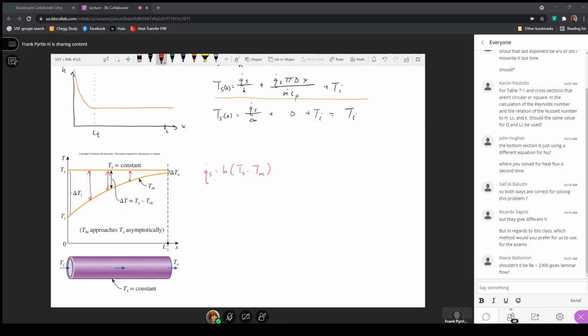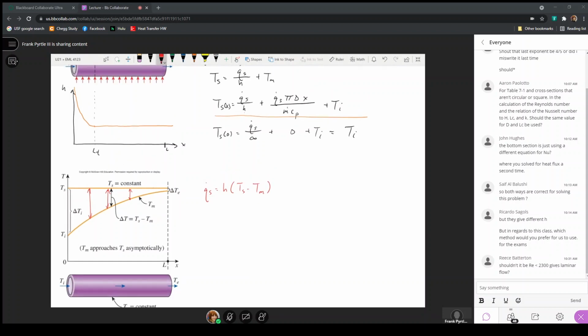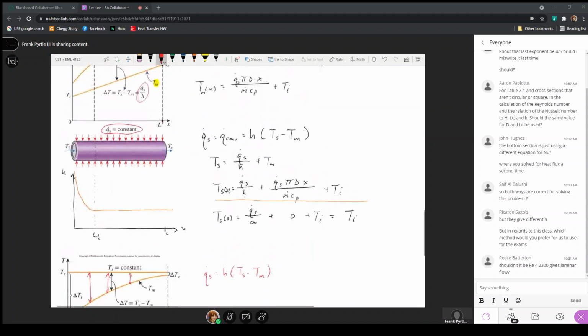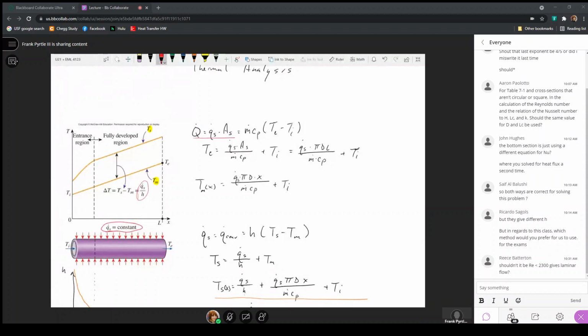But here again, consideration of the value of the heat transfer coefficient is what's important for these calculations, because that's what defines the heat transfer rate by convection or the heat flux by convection, such that the heat transfer rate, again, is just the heat flux times the surface area over which that convection is occurring.